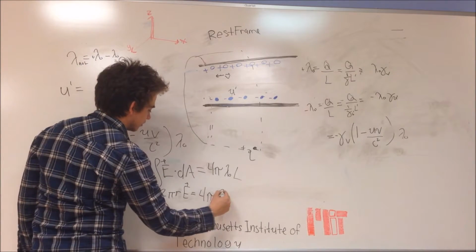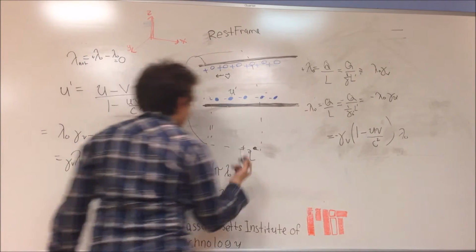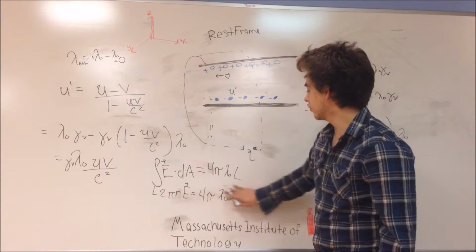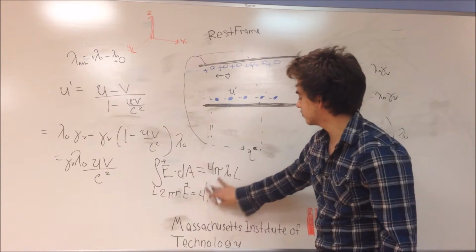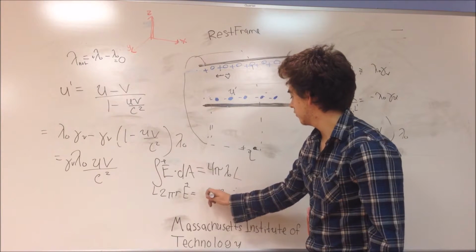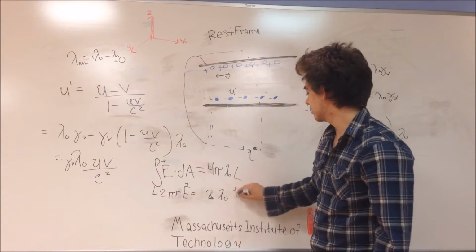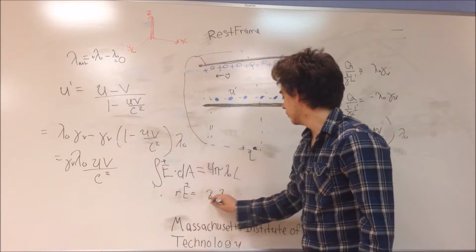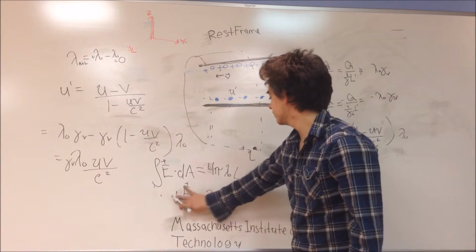so then we can cancel these. So then we're going to have a net E field. Then we can cancel the pi's, we can cancel the 2's. We can cancel the L's. I have this L here, so we can just cancel these ones. Move the R to the bottom.